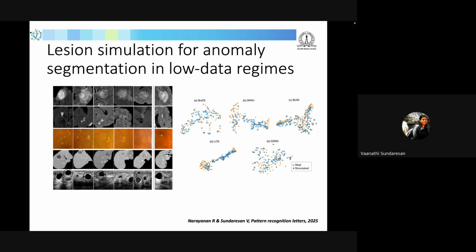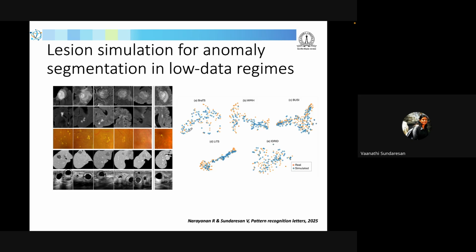You can see that they are very similar to the original lesions in their characteristics, but they also show some kind of heterogeneity, right? This is what we saw in the feature space. The orange ones are the real lesions, whereas the blue ones are simulated ones. We can see that they overlap well.